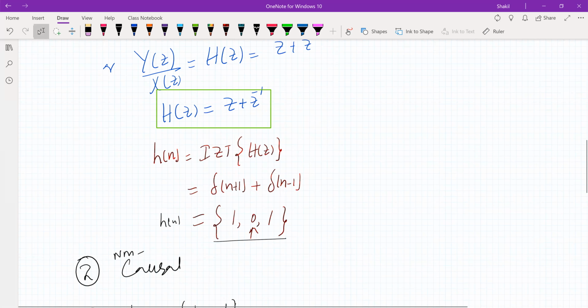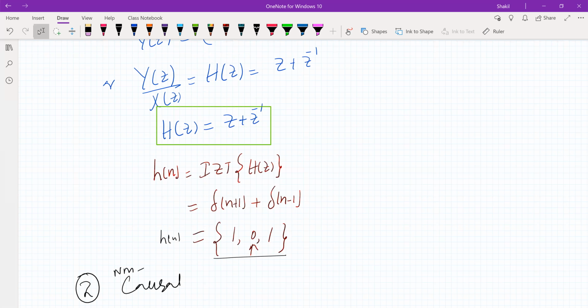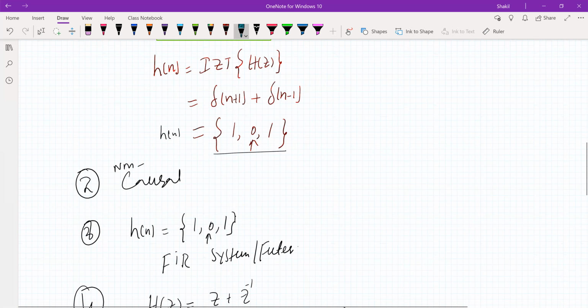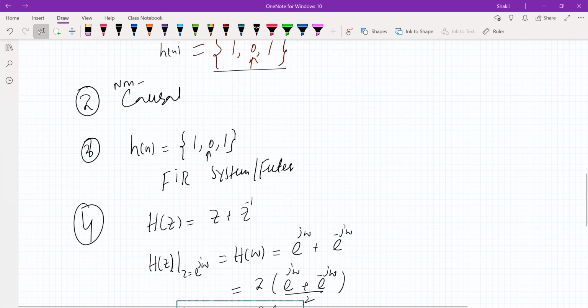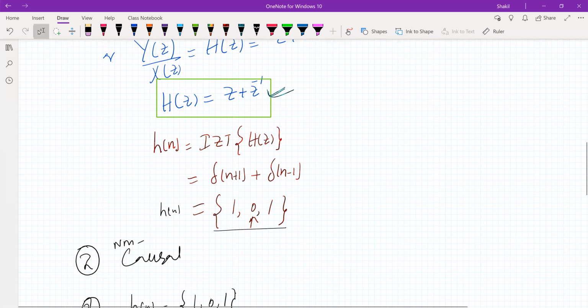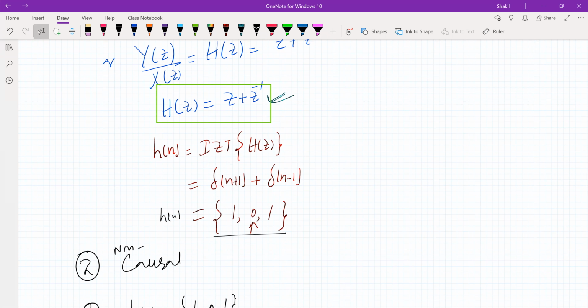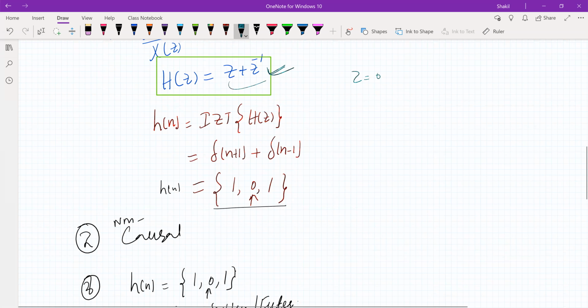There is one more way to check whether this system is stable, using the Z transform. If the poles of the system are inside the unit circle, you can say this is stable. Can you check what the poles of this system are? This has a pole at the origin, z equal to 0, but all the poles are inside the unit circle. You can say this is a stable system.